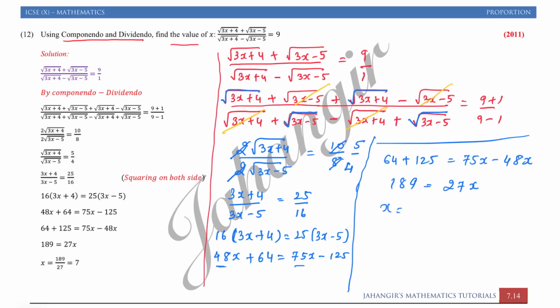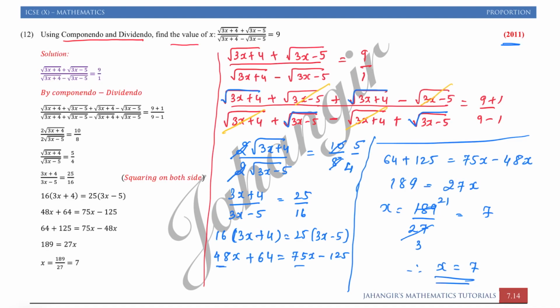So x is equal to 189 upon 27. 9 3s are 27, 21 by 3 is 7. So therefore x is 7.